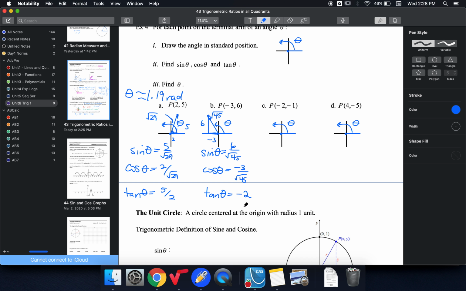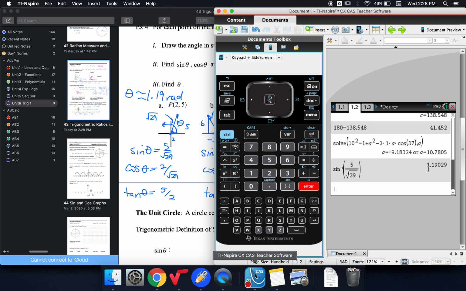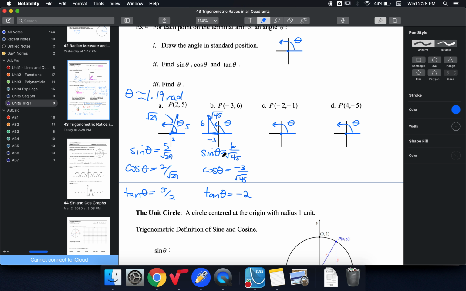And so now I want to be careful with using my inverse sine or cosine, because if I just went over here and said inverse sine of 6 over root 45, it's going to give me a positive value, and it's going to give me an acute value.